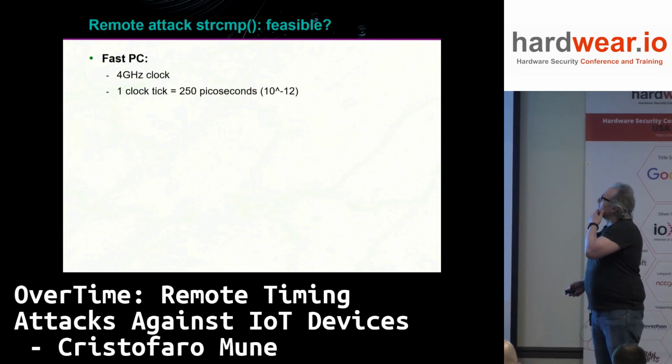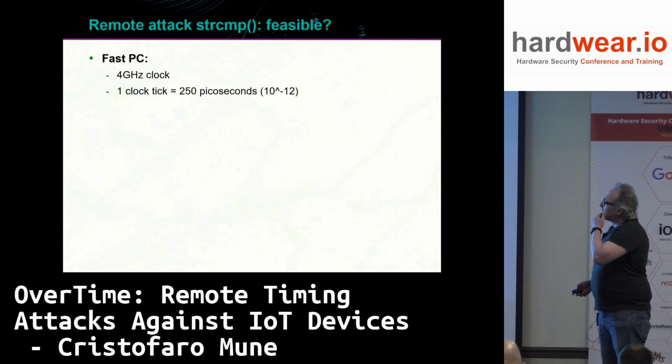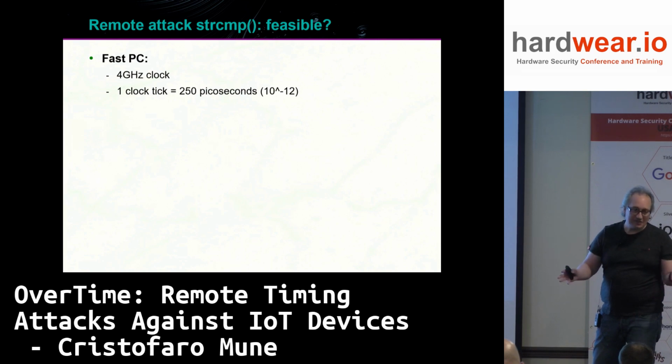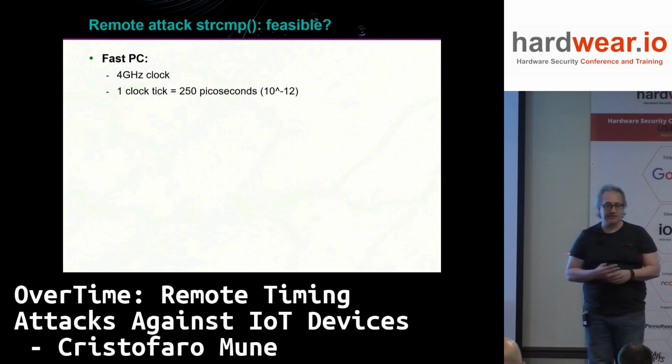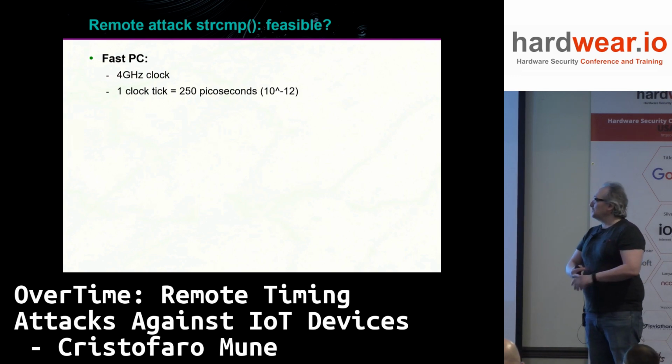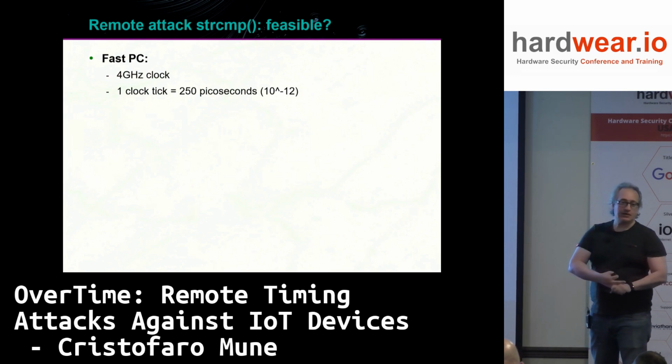So the point is the following: you're working with a fast PC, which is over the network, with a 4 gigahertz clock, for example. Now, it's not that rare. I mean, nowadays, you would expect something like that from an internet server. So this means that one clock tick is 250 picoseconds.